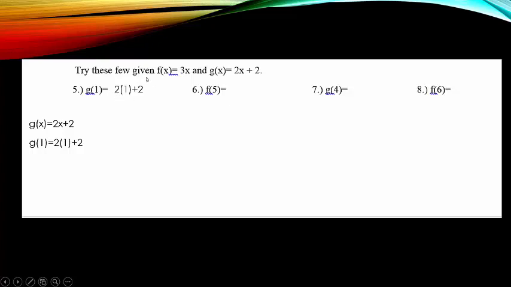So you would write 2 parentheses 1 plus 2 because instead of x you put 1. And then if you simplify that, you will get that g of 1 is 4. And that means when 1 was the input in the g machine, I got an output of 4. And then I always circle my answer when I'm done.